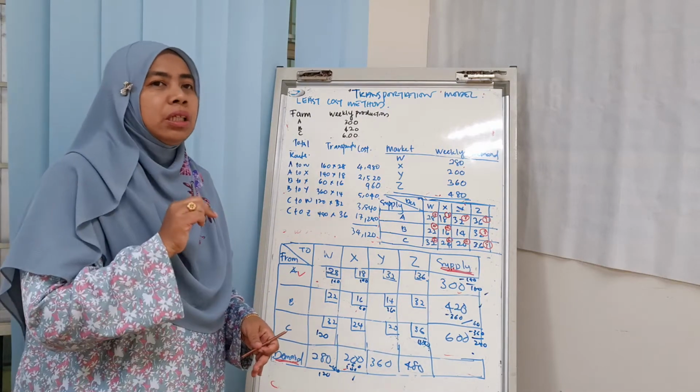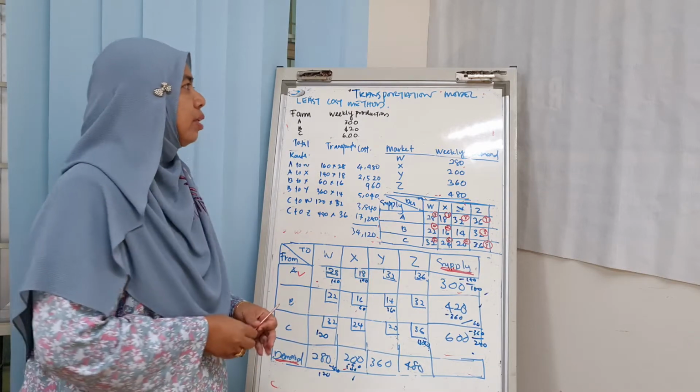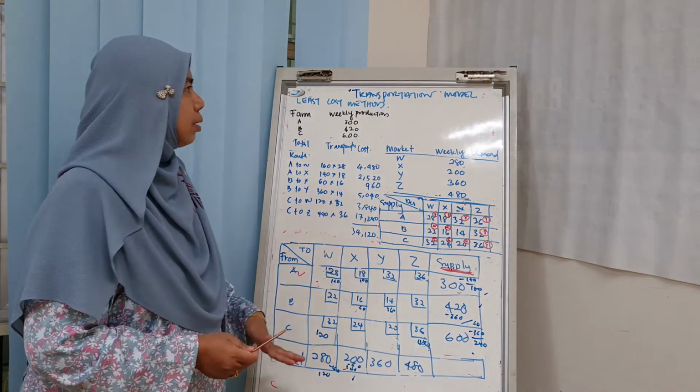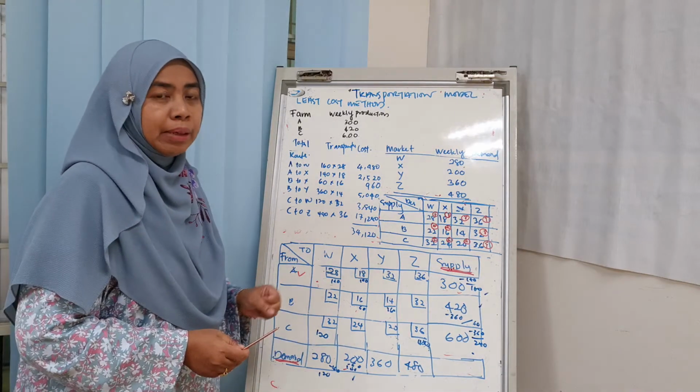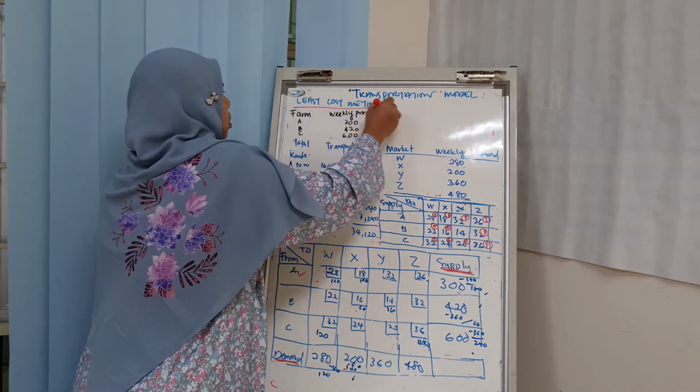We are still in the transportation model, or transportation problems. In this chapter, this is the last chapter, but today we learn about the second method, which is the least cost method.